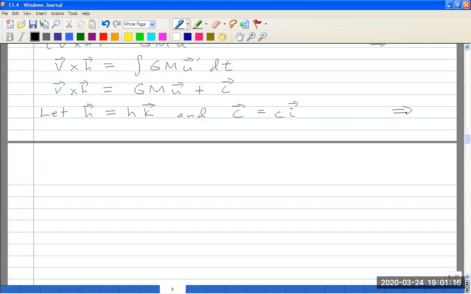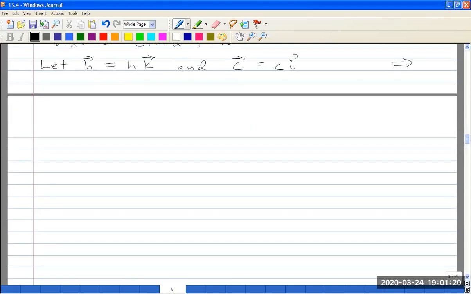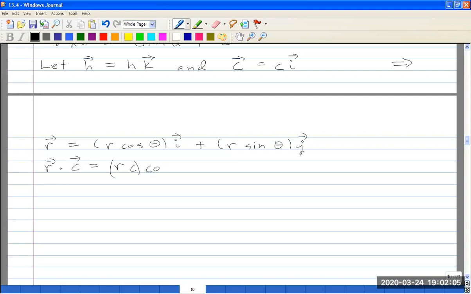Then R is equal to R cosine theta I plus R sine theta J. And so R dot C is equal to, if you dot these together, you just get RC cosine theta plus, well, this is going to be 0 times this other part, so plus 0.